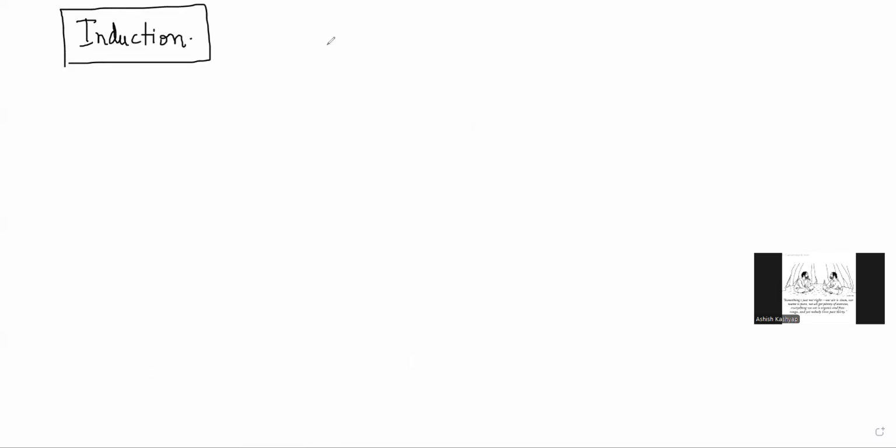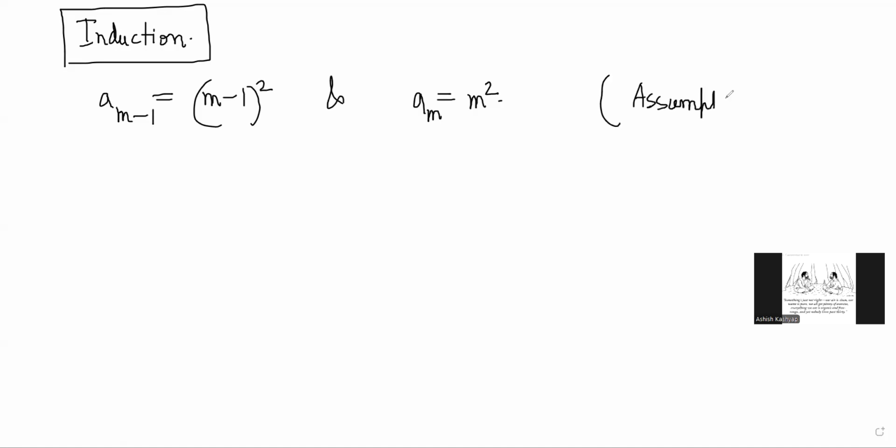So you can use the induction with step size 2 and assume that a_(m-1) is (m-1) whole square and a_m is m squared. This is our assumption in the induction step. We already know the base case is true because a0 is 0 and a1 is 1 and a2 is 4.